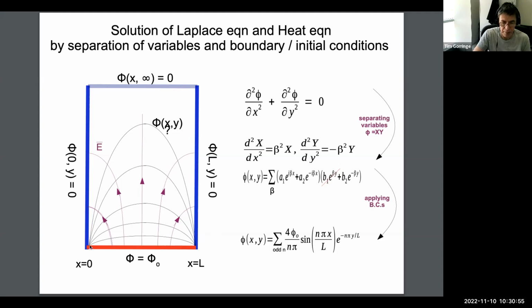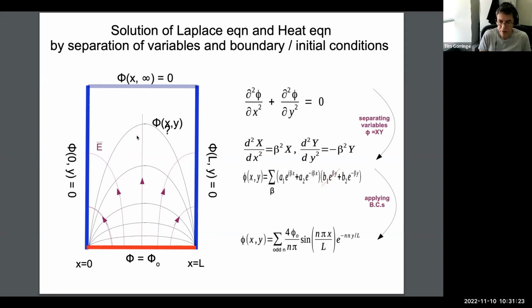We've got a conducting plate at the bottom here at a fixed non-zero potential. And then we got grounded plates on the left and right at 0 volts. And then far away from the arrangement, upstairs here, we've also got 0 volts. And we want the potential inside.